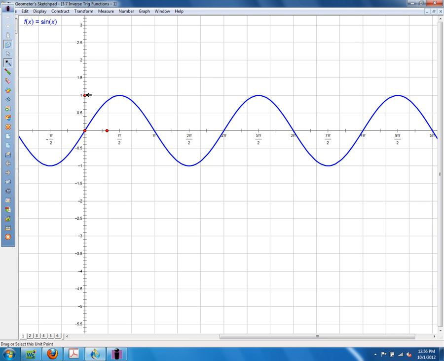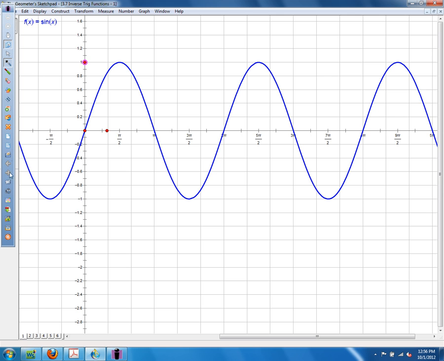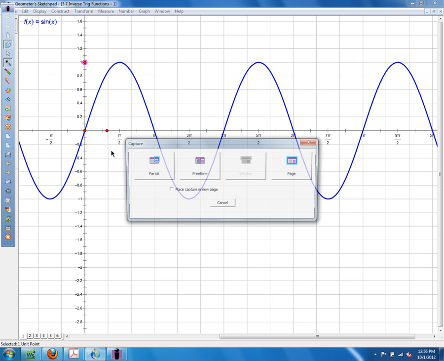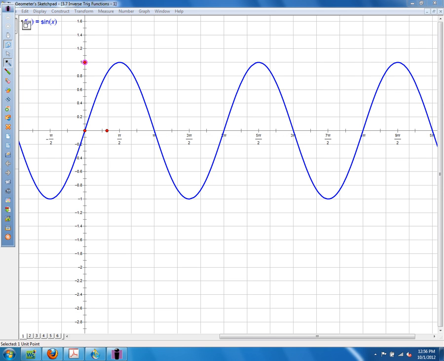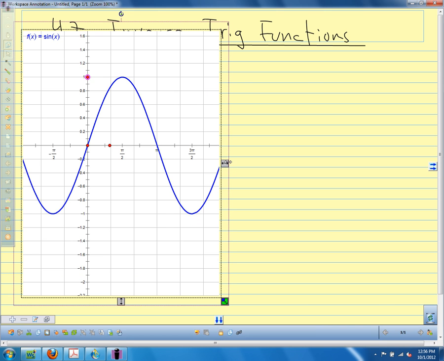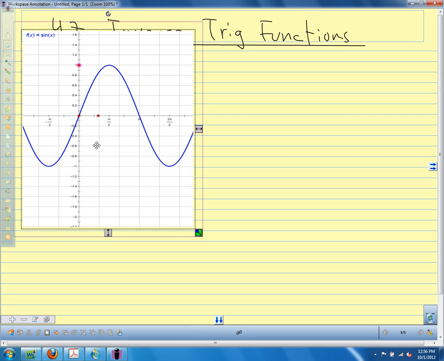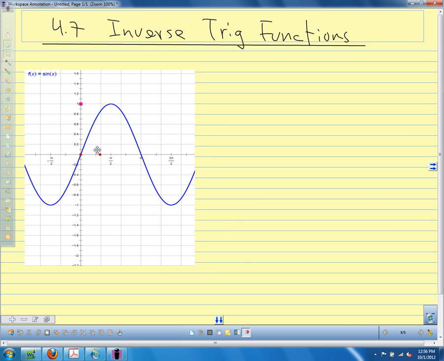Let me make it a little bigger. So this is a graph of y equals sine of x.